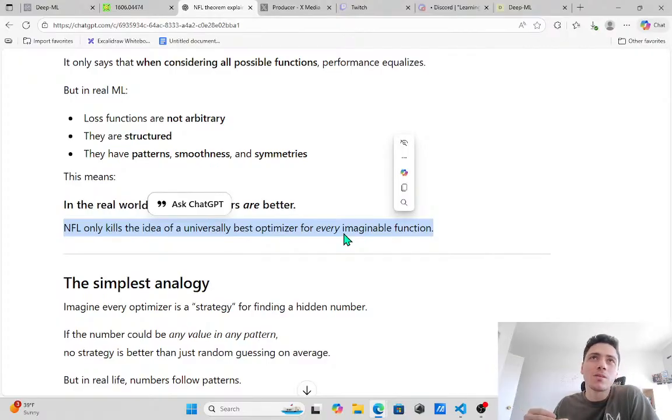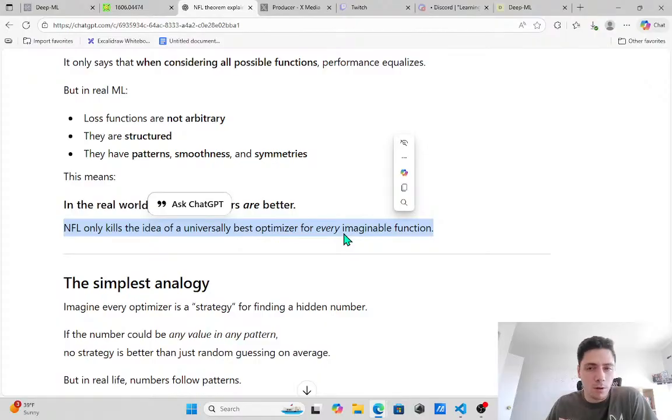What's a different instance where you'd use an optimizer? Like, only kills the idea that a universal best optimizer for every imaginable function. Okay, I mean, but can I have a universal best optimizer for all machine learning functions?